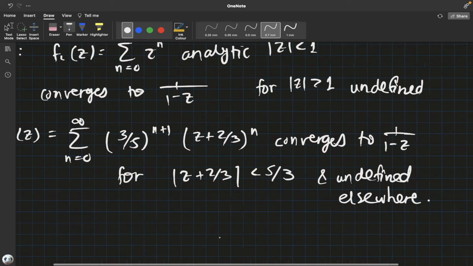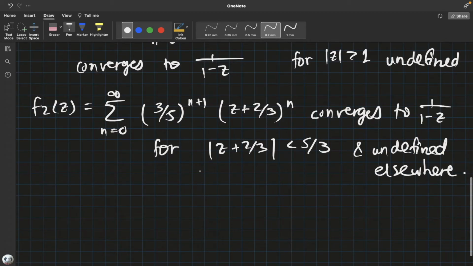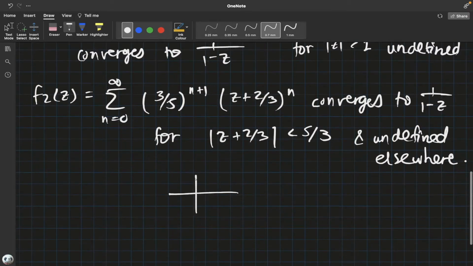So let me just draw the regions of convergence to give you an idea. The first one is a unit circle centered at 1. It's a unit disk rather. The region of convergence is a disk. The boundary is a circle, but it's a disk for f1. For f2, it's also a circle, but it's centered at minus 2 over 3.